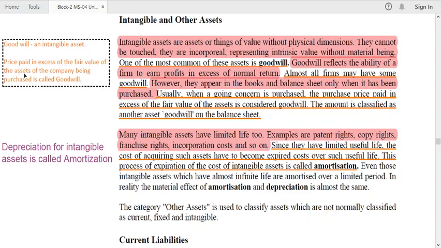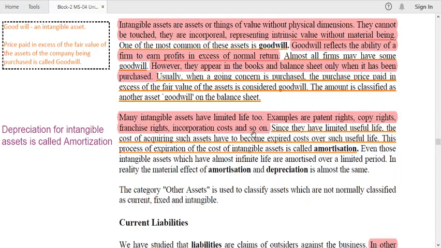See here, the price paid by a purchasing company in excess of the fair value of the assets of the company being purchased is called goodwill. The premium paid above the fair value of the worth of the company is called goodwill. Okay, goodwill is an intangible asset.